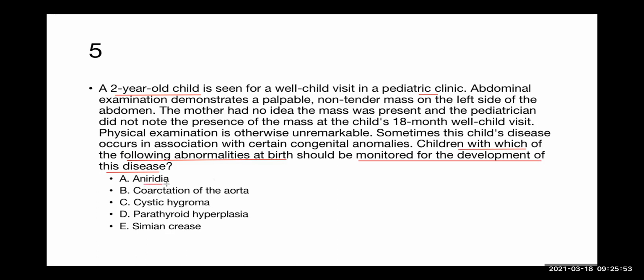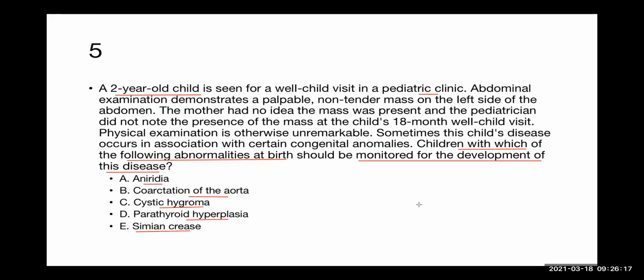Aniridia, coarctation of the aorta, cystic hygroma, parathyroid hyperplasia, or simian crease. Anybody wants to take this opportunity? Option A, aniridia. Both of them are saying aniridia. Why?